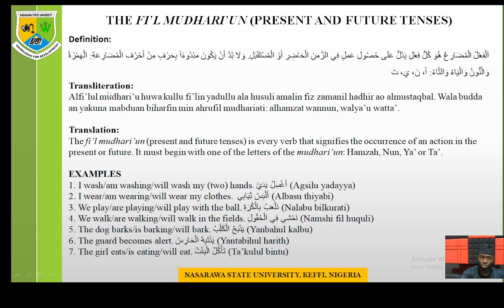When you go to the fi'l al-mudari, let us read the definition. الفعل المضارع هو كل فعل يدل على حصول عمل في الزمن الحاضر أو المستقبل، ولا بد أن يكون مبدوءا بحرف من أحرف المضارعة، وهي الهمزة والنون والياء والتاء.